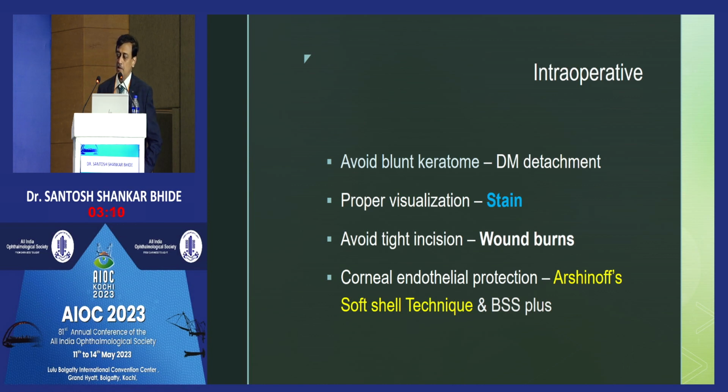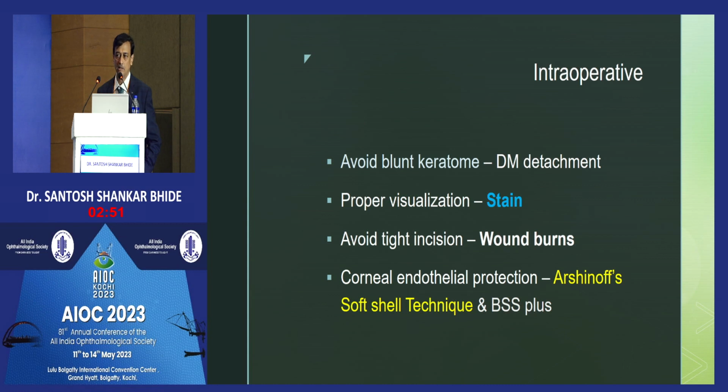Intraoperatively, certain tips: you have to avoid blunt keratomes. If you have a big list, if you are working in a government setup or if you are doing a camp, then there is a tendency to reuse keratomes, and those are blunt, and there is a high chance of Descemet's detachment. So avoid blunt keratomes.